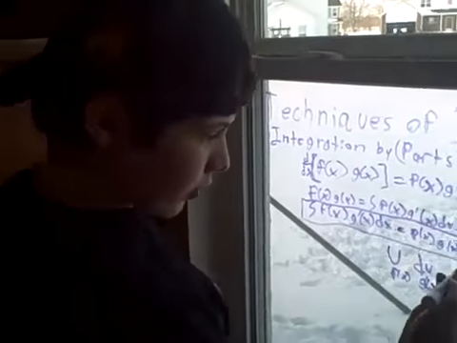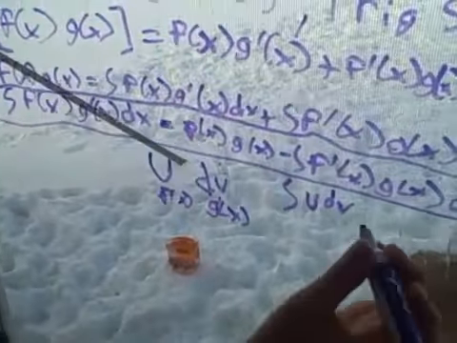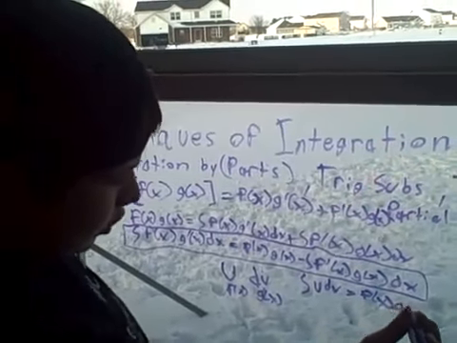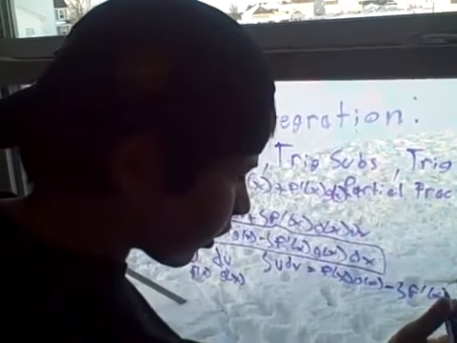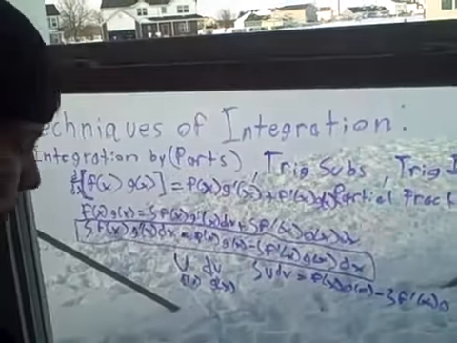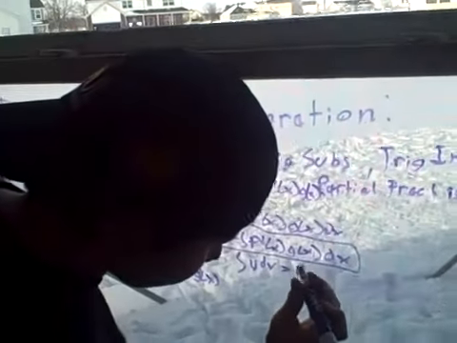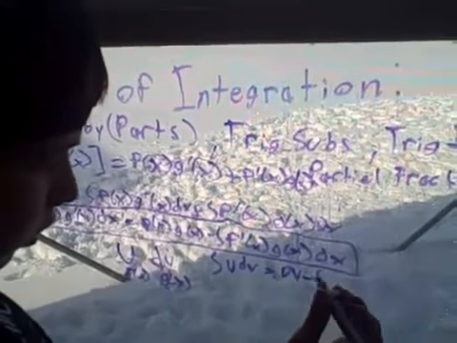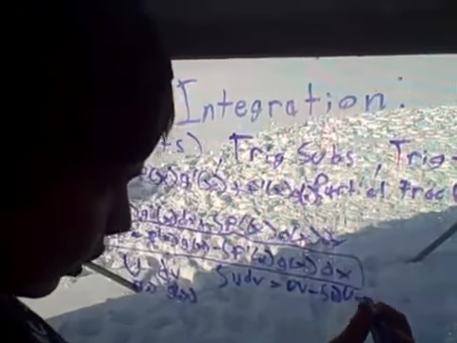So then we can replace this with integral of u dv equals uv minus integral of du times v, which is often called v du.